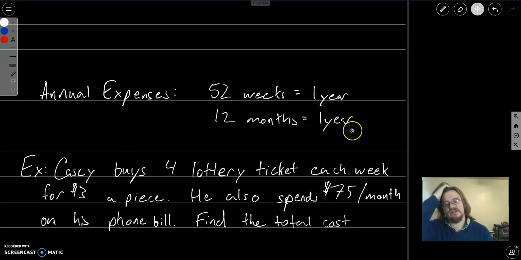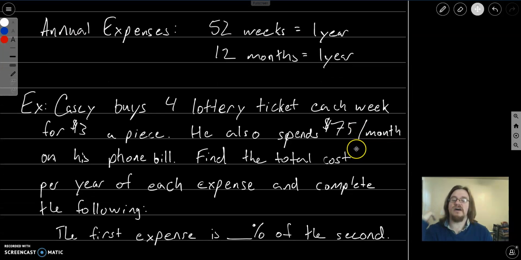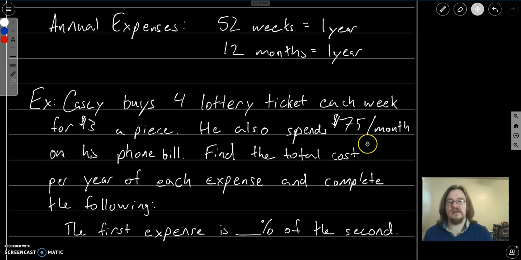The next question that we'll see on the first homework this week is looking at annual expenses. And for annual expenses, we have 52 weeks in a year, and we could say that there's 12 months in a year.